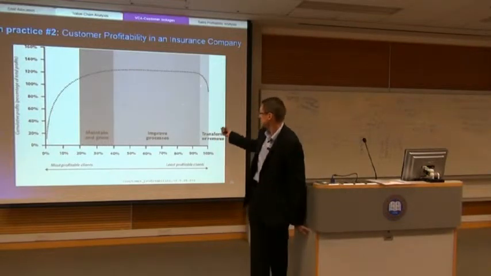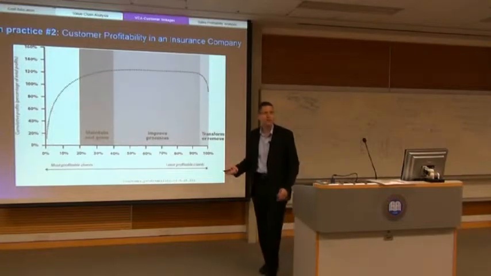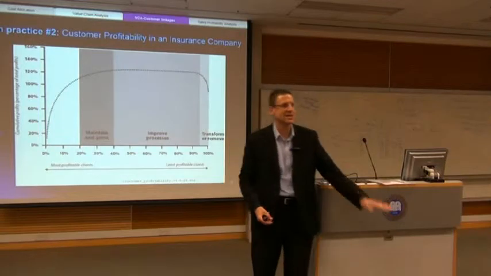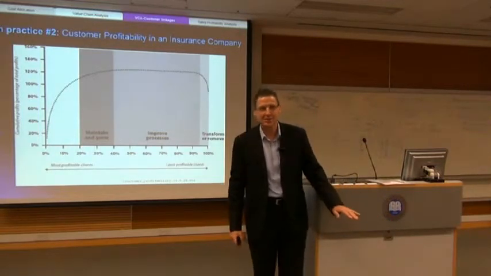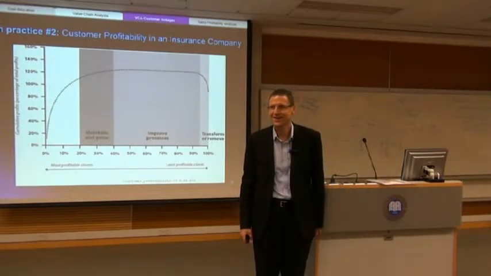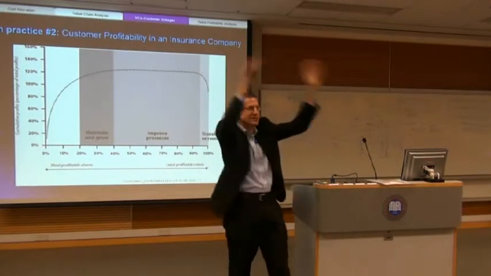What can we do with these customers here? Do what the banks in Hong Kong did 10 years ago. They slapped fees on all customers in Hong Kong that had bank accounts with balances below, I think, 1,000 Hong Kong dollars. And there was an uproar. No, you can't do that.